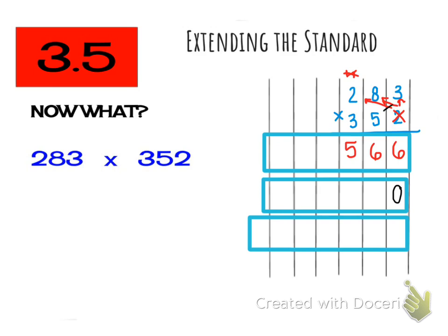I do 5 times 3 is 15. I put the 5 in the first place value that I have open. And since I just did 5 times 3, the 1 of the 15 goes directly next to it above the 8. I do 5 times 8, which is 40, and then I add 1, which makes it 41. So I put the 1 in my place value, and the 4 goes 1 over from what I just multiplied.